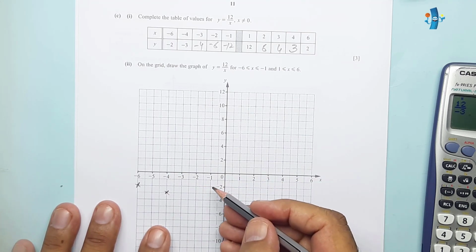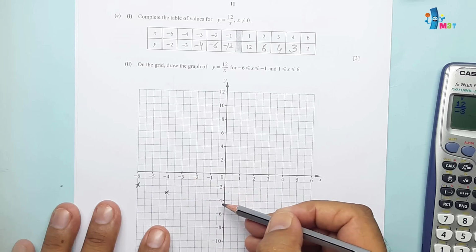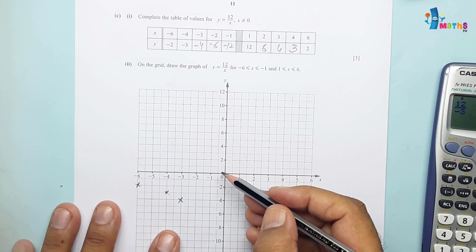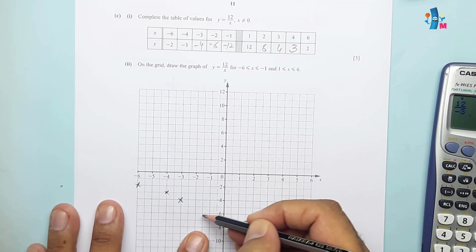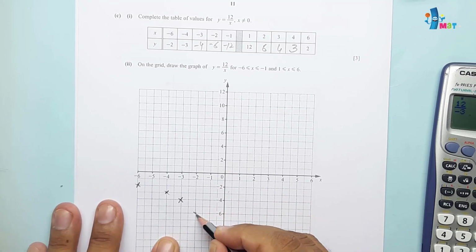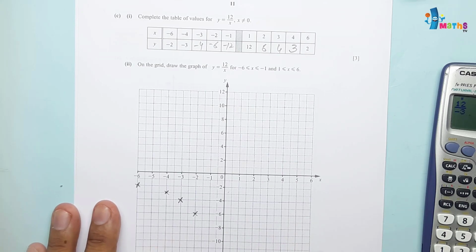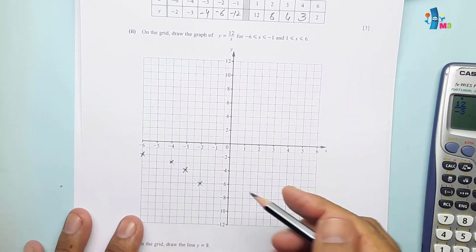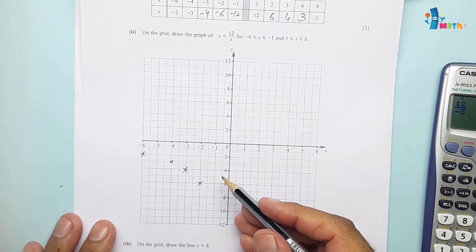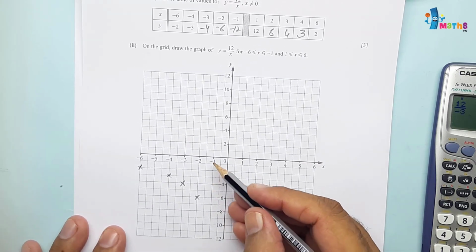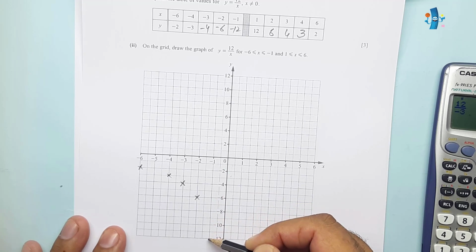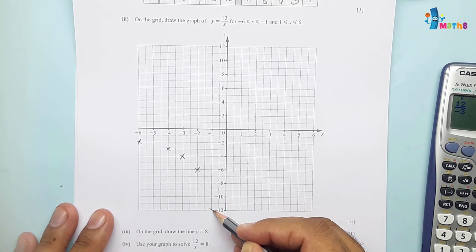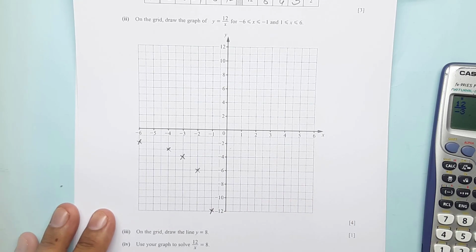Then minus 3 and minus 4, so this one. Then minus 2 and minus 6 will be this. Hopefully you are following everything. Then minus 1 and minus 12 will be over here, and we can mark this one.